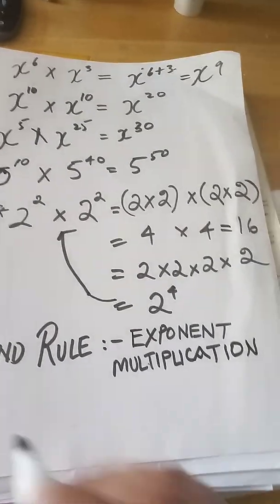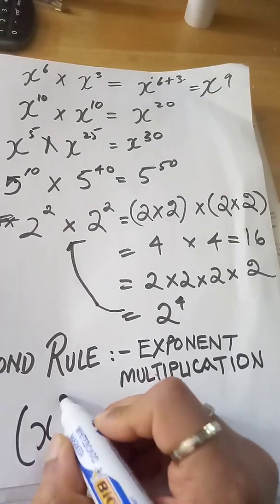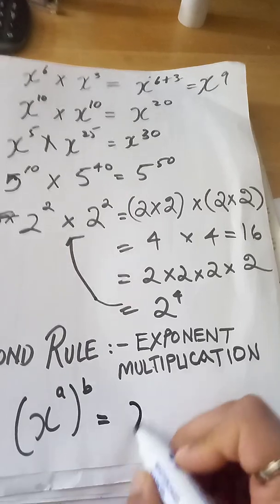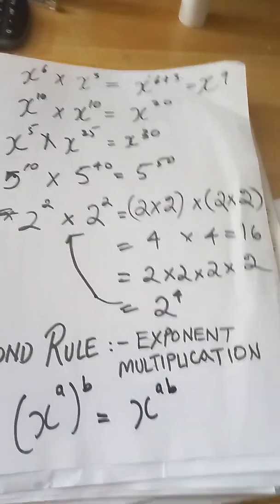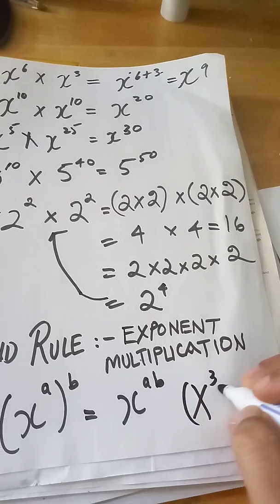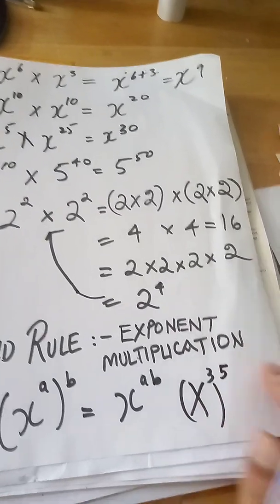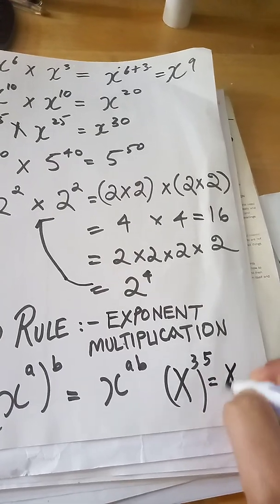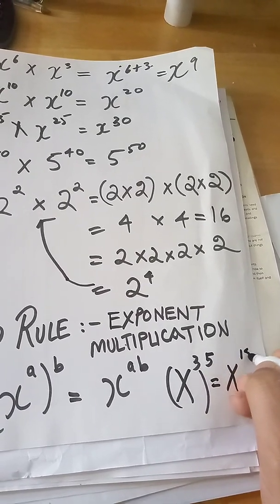Something like x to the power a, whole to the power b, will be x to the power ab. That's it. So if it's x cubed, bracket closed, whole to the power 5, it'll be x to the power 15.